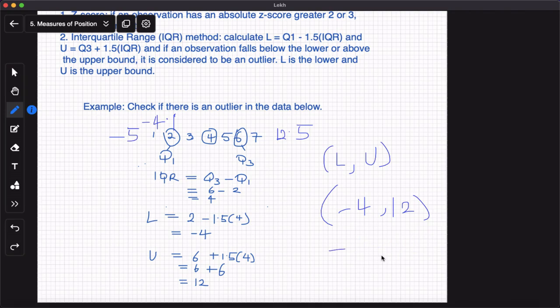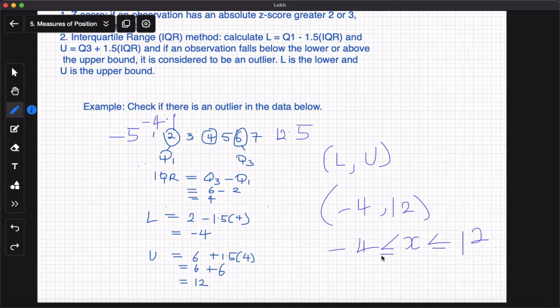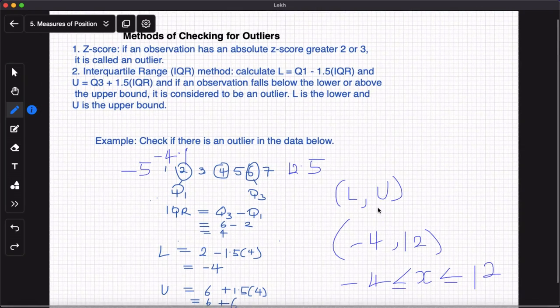Any x that is in this interval is not an outlier. But once the x does not meet this condition, I mean the particular observation does not meet this condition, it becomes an outlier.